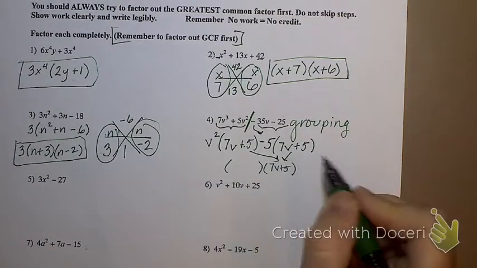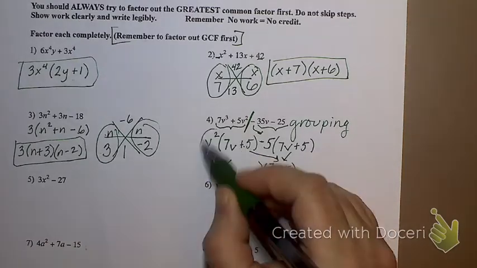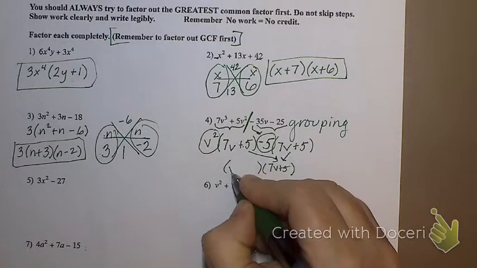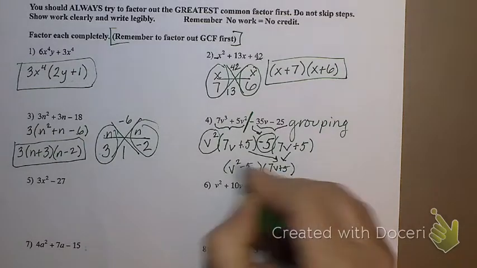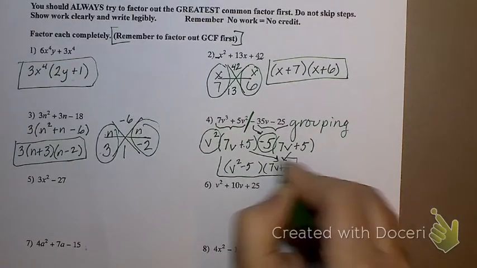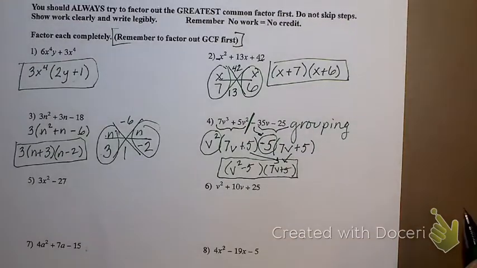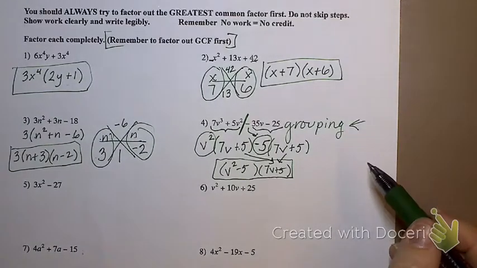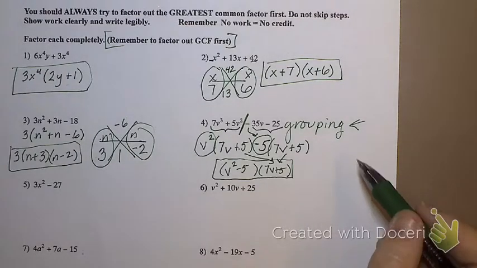What's my other parentheses? V squared minus 5. Okay, and again, that's called grouping. I bet if you searched that on YouTube, you would find a ton of videos that teachers have made if you looked up factoring by grouping.